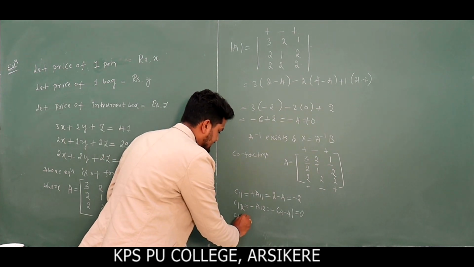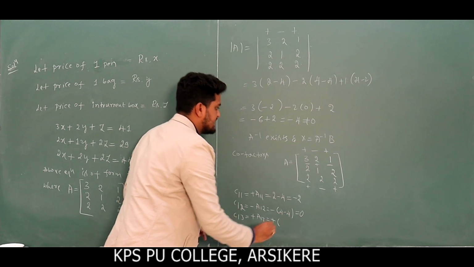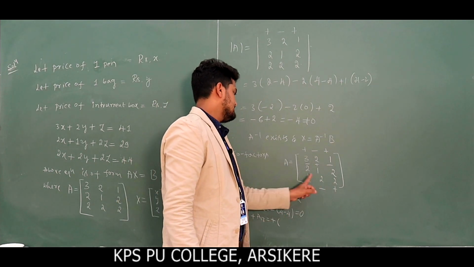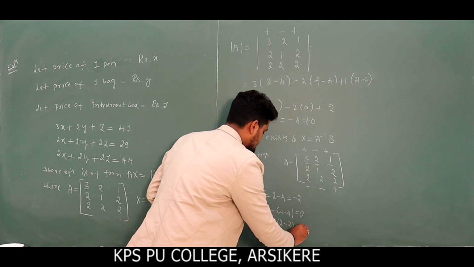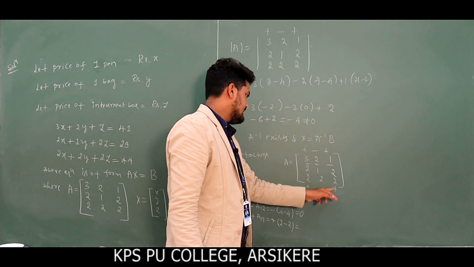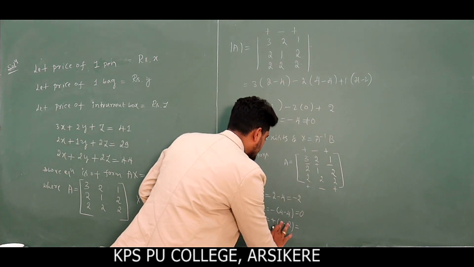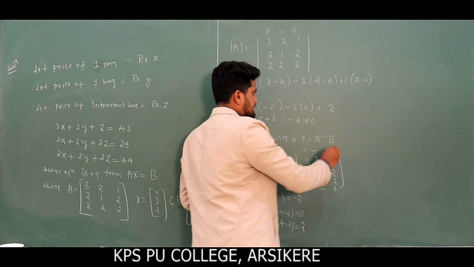Next C13, so plus A13, eliminating first row third column: 2 into 2 is 4, so 4 minus 2 is 2.